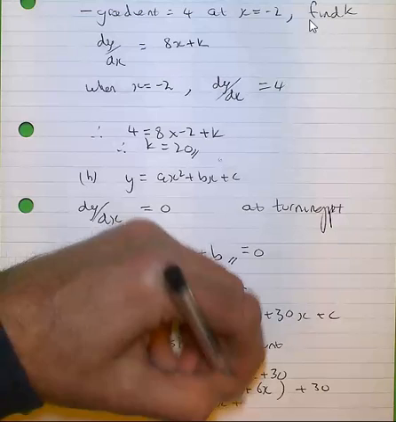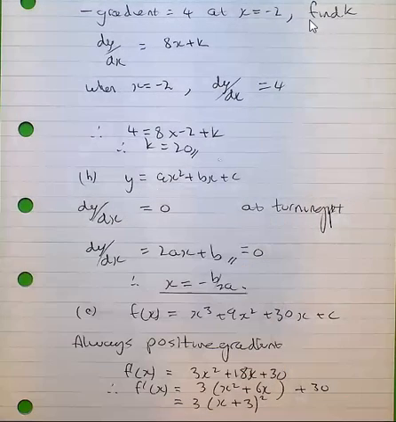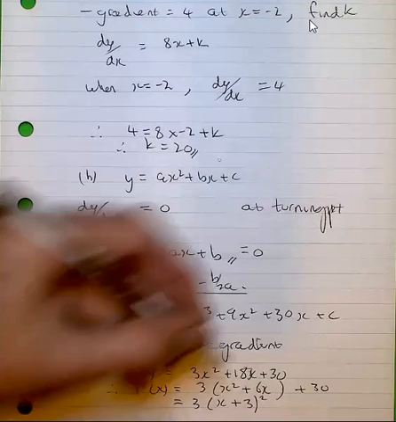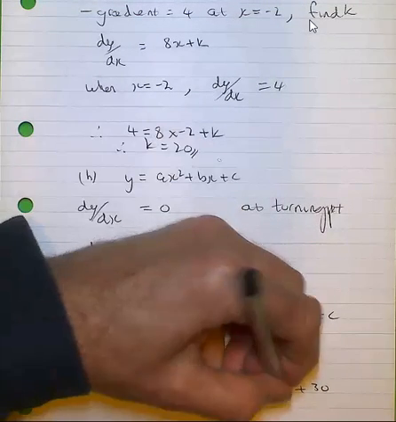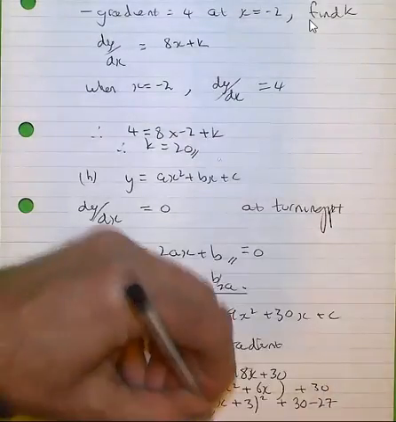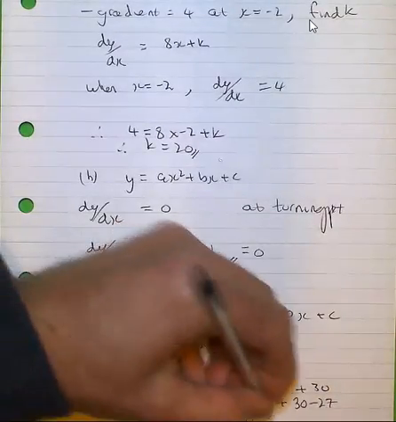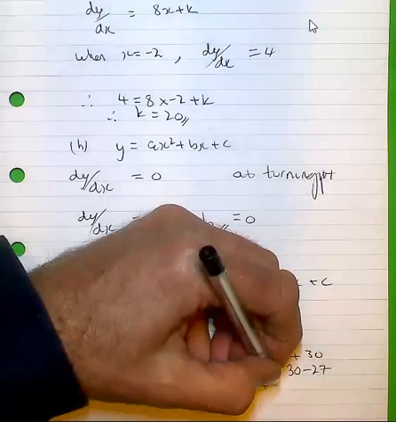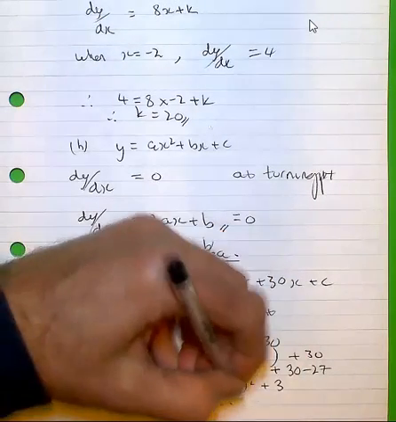Halving and squaring it is x plus 3, all squared there. So 3 lots of that is going to be 30, take 27. And that will give us plus 3.